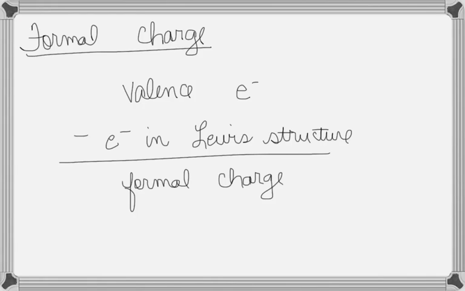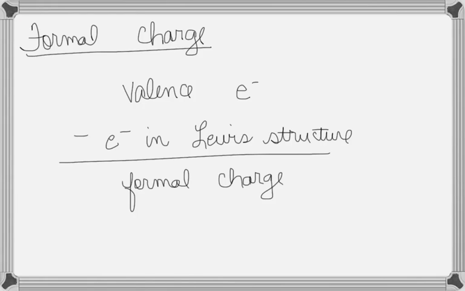Let me tell you what that means. When you calculate a formal charge, that will be calculated for each atom in your structure. Okay? You don't do one charge for the whole structure. You do a formal charge for each atom in the structure.